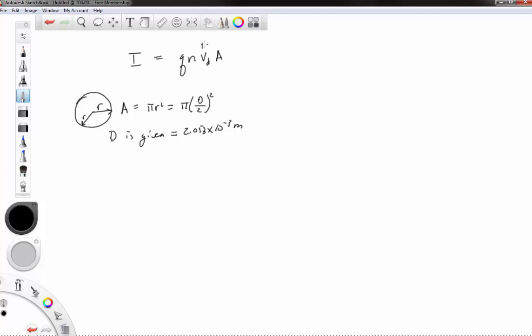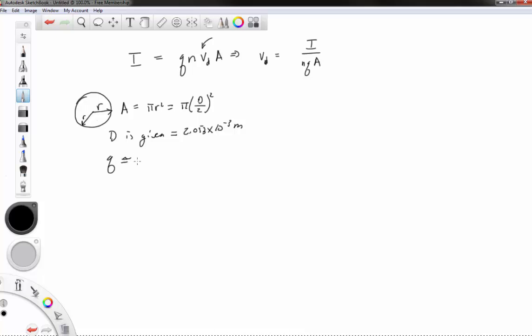The thing we're actually trying to solve for is the drift speed. So we could rewrite this by saying V drift is I over n times Q times A, for what that's worth. So Q is the charge of an electron.